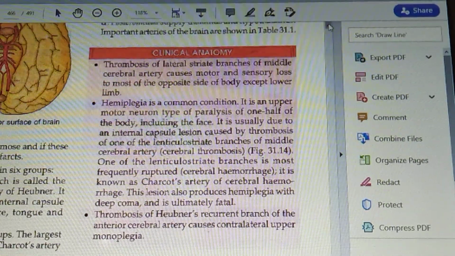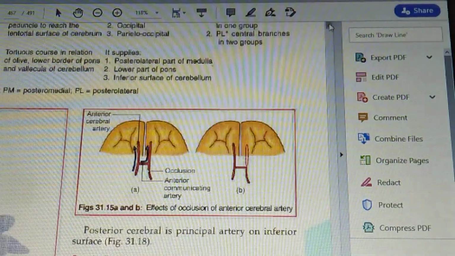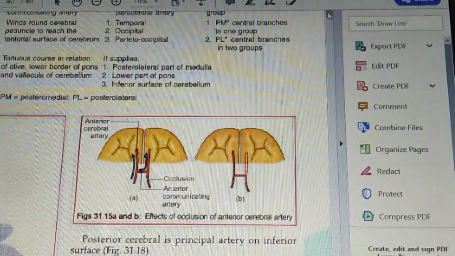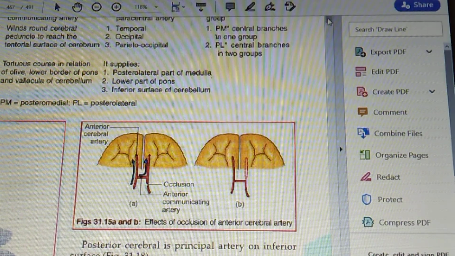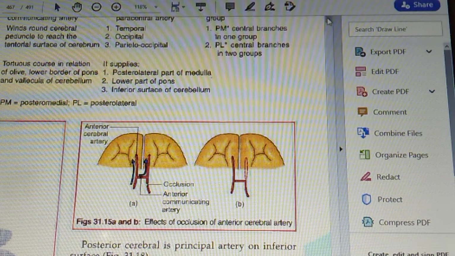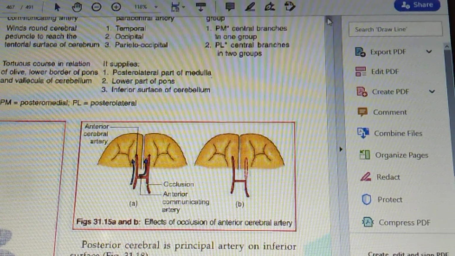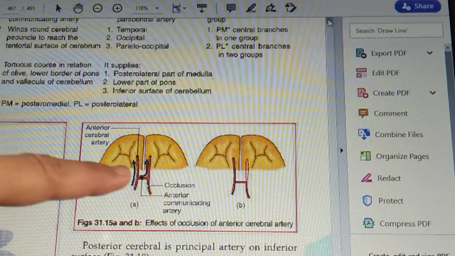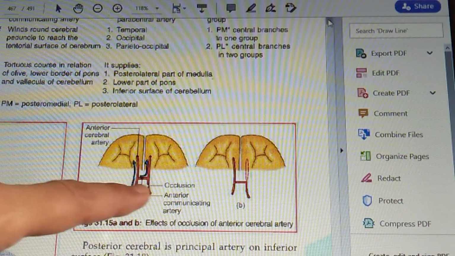Now this you can very well see in one diagram that is already given in the book here. Here they have shown both effects of the occlusion of the anterior cerebral artery, right? Now occlusion that is proximal to the anterior communicating artery is normally well tolerated because there will be a cross flow from the opposite artery.